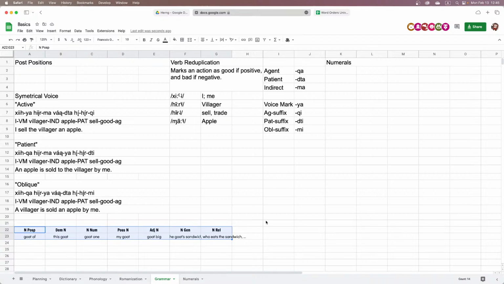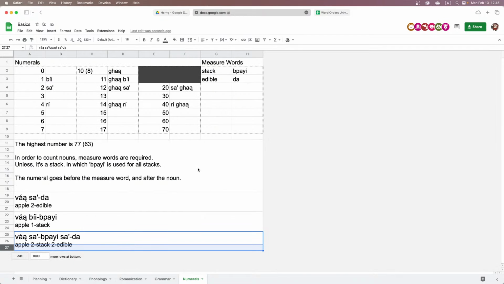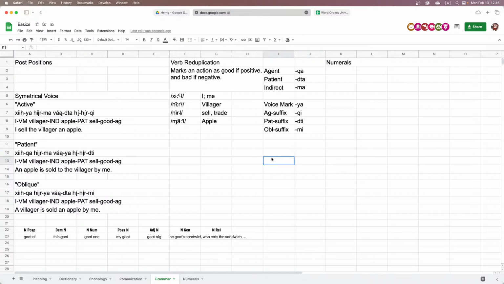Also, the possession. Let's figure out possession first. So, one way we could do possession is to use just a plain old possessive marker, like the English 's, which I wouldn't consider inflection, just a suffix.